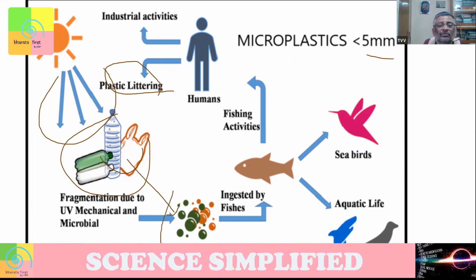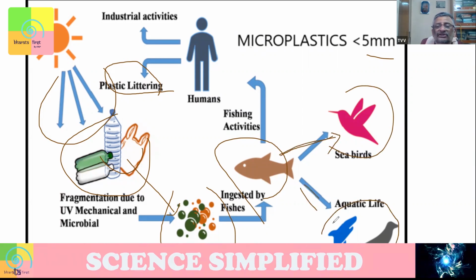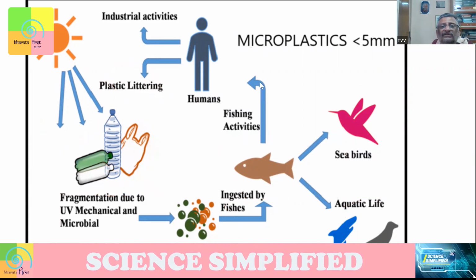When it becomes microplastics, it's less than 5 millimeter, so it can mix with soil, it can mix with water, it can be leached into a water body. Then a fish eats it. The seabird which eats the fish gets a lot of microplastics. Similarly, aquatic life which eats the fish gets a lot of microplastics. And then when we fish and use that fish, the microplastics come back to us. So this is the cycle of microplastics we see around.